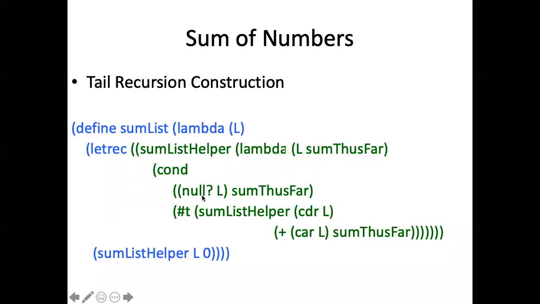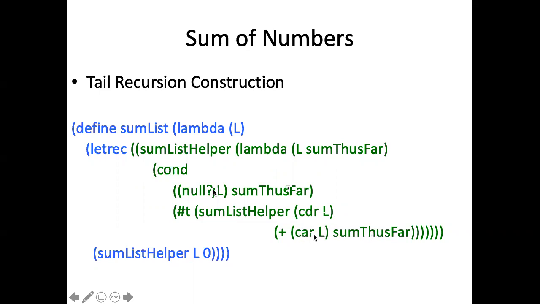If the list is null, I'll return the sum I've computed. Otherwise, I'm going to remove the first element from the list, so the list that I pass to the recursive one is the rest of the list. Meanwhile, I'm going to take the car of the list and add it to the sum thus far.